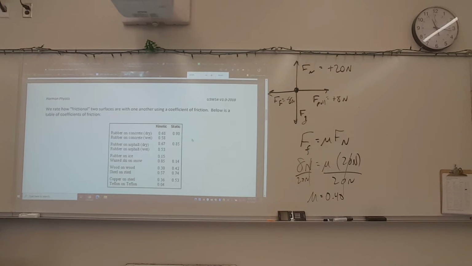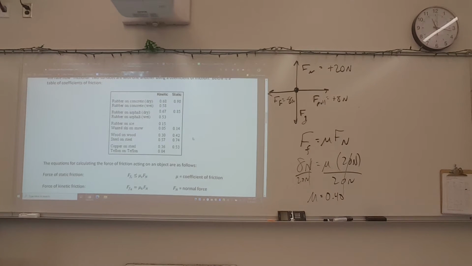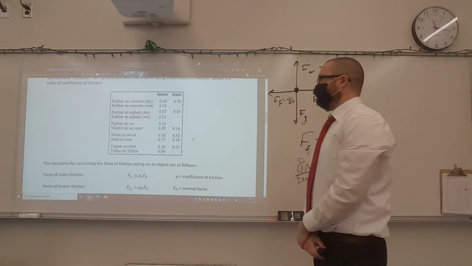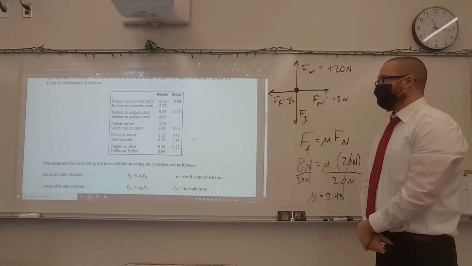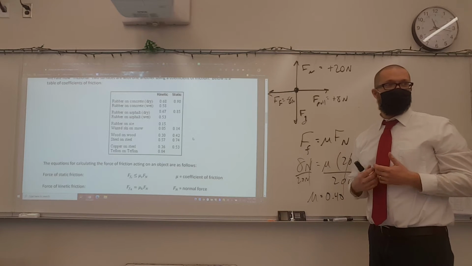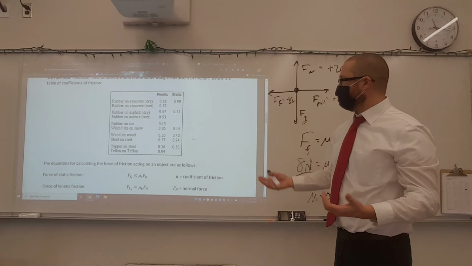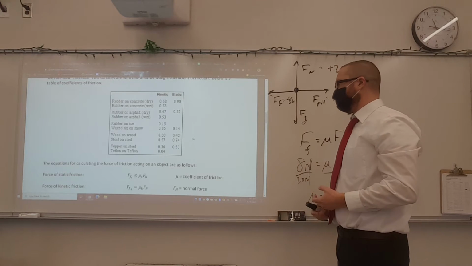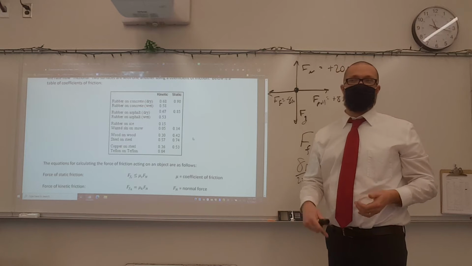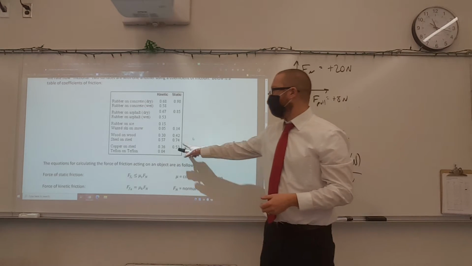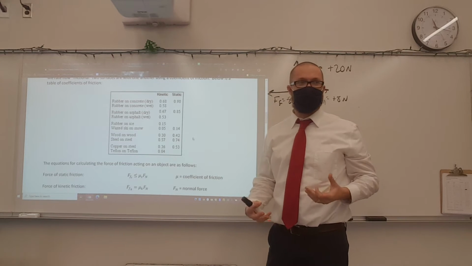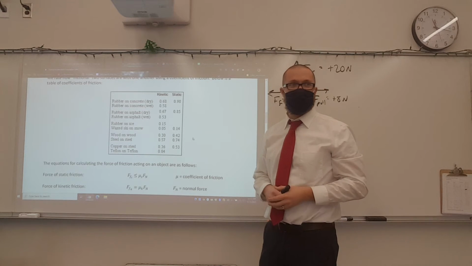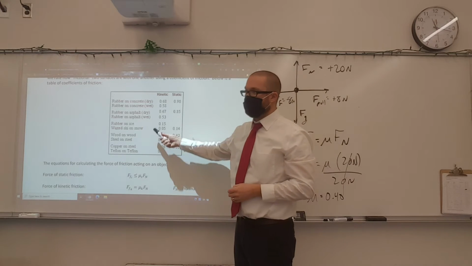Sometimes we're just asked qualitative questions like, which material combination has a higher friction, wood on wood or steel on steel? Well, steel on steel has more friction than wood on wood. And you just compare the coefficients. So sometimes you're asked to do simple stuff like that, okay? Stuff that's not that big of a deal, interpreting this table.